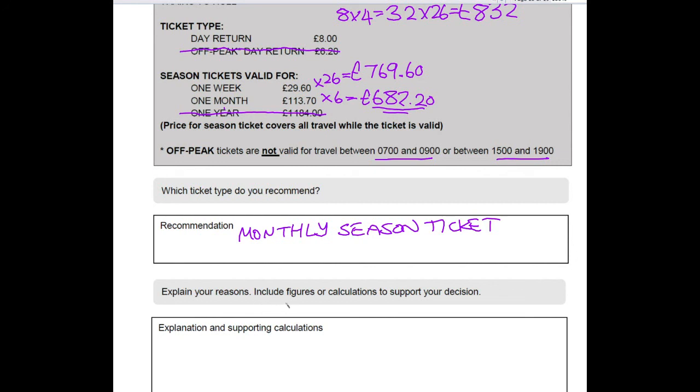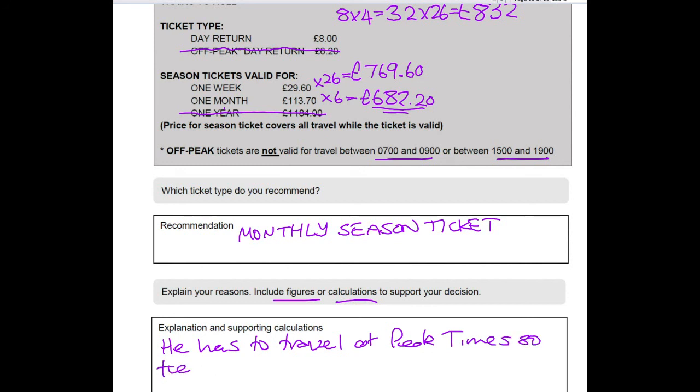And explain your reasons, including the figures and calculations. Well, the figures and calculations are up at the top, and the explanation is he has to travel at peak times, so the choices were limited.